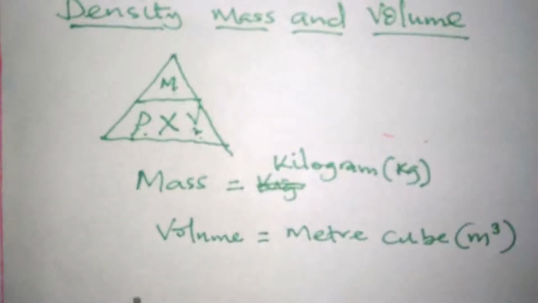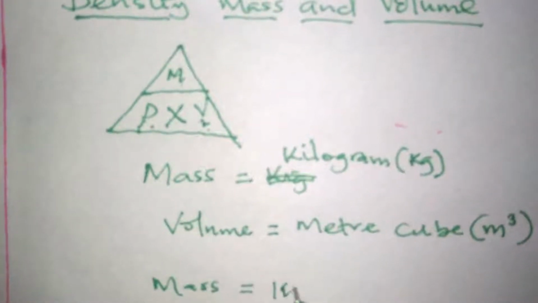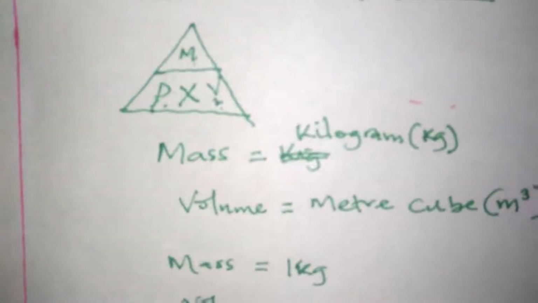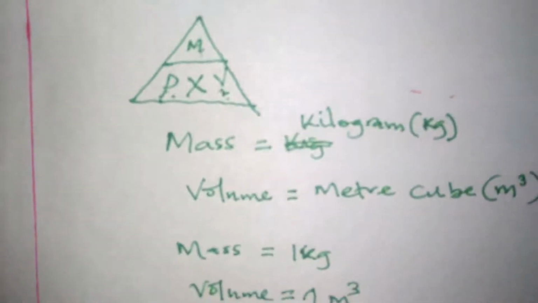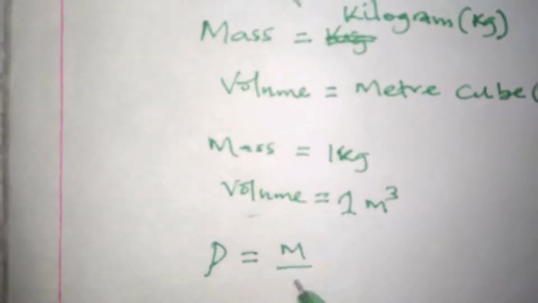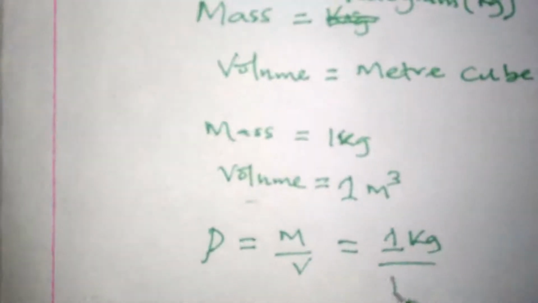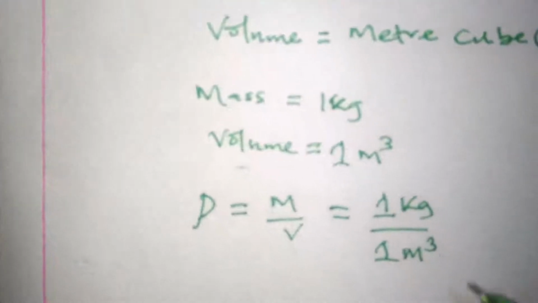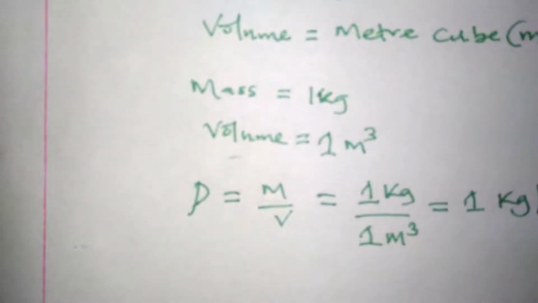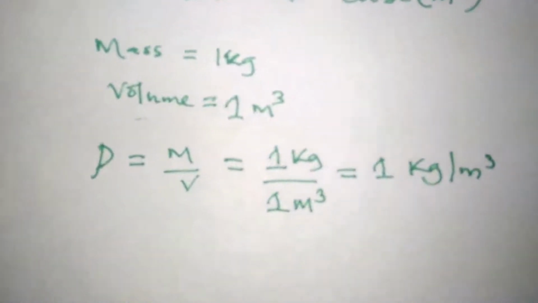Now, if we have a mass of 1 kilogram and a volume of 1 meters cube, then the density rho would be m over v, which is simply equal to 1 kilogram over 1 meters cube, and this gives us 1 kilogram per meters cube, or simply kilogram per meter cube, which is the SI unit for density.